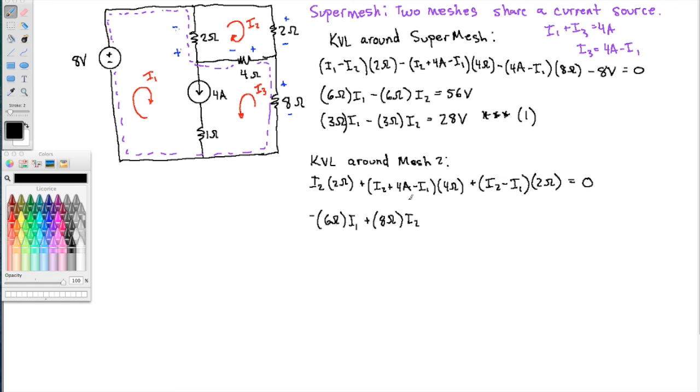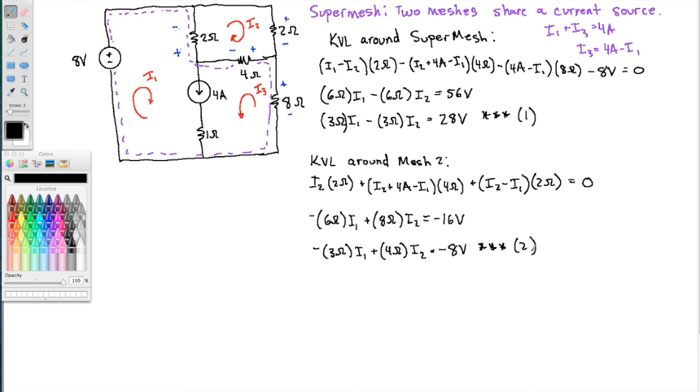Alright, for the constant, I have 4 amps times 4 ohms, so that gives me 16 volts, and when I move it to the other side, that makes a minus 16 volts. And here there's a 2 I can divide by if I like. Okay, and it's in the same form as equation 1. Let's call that equation 2.